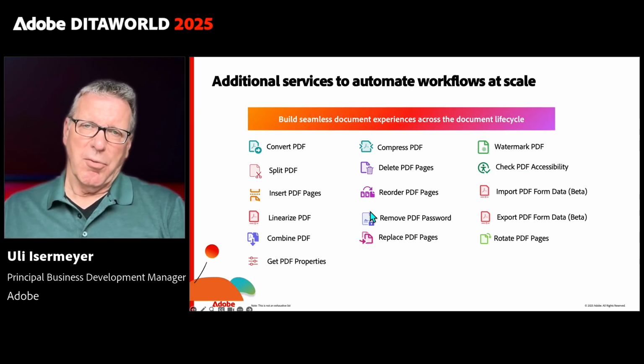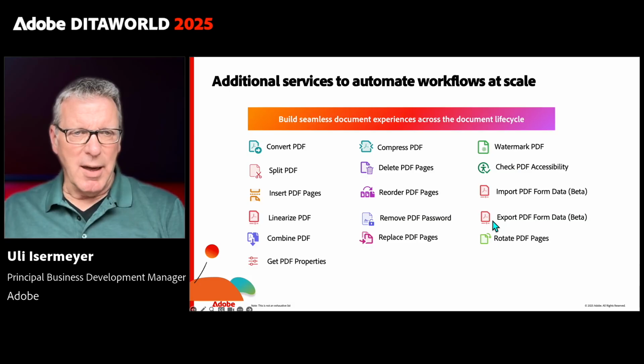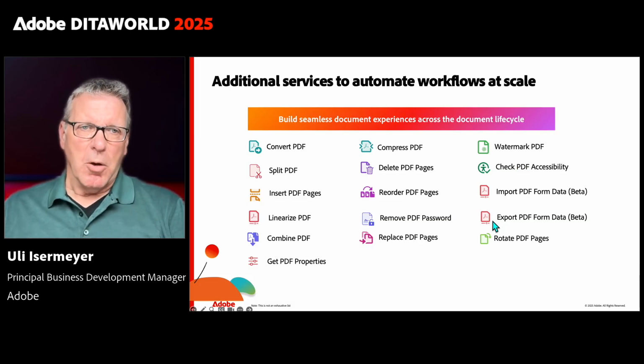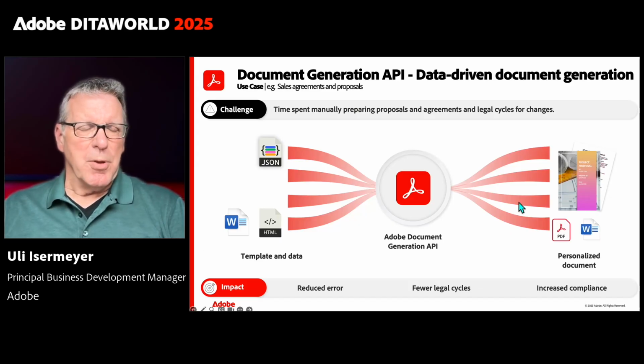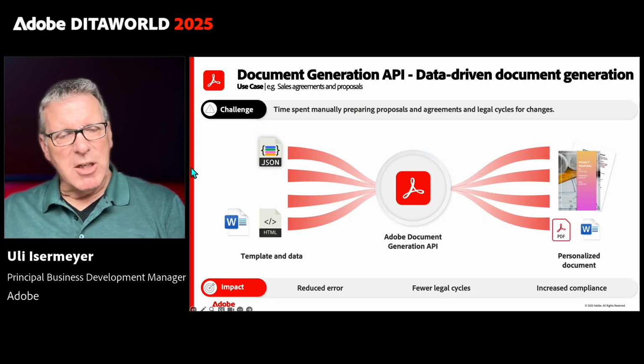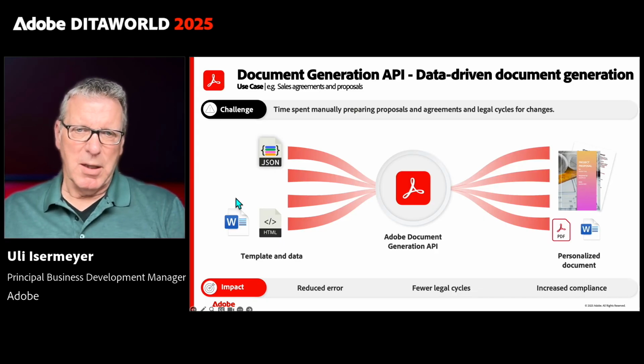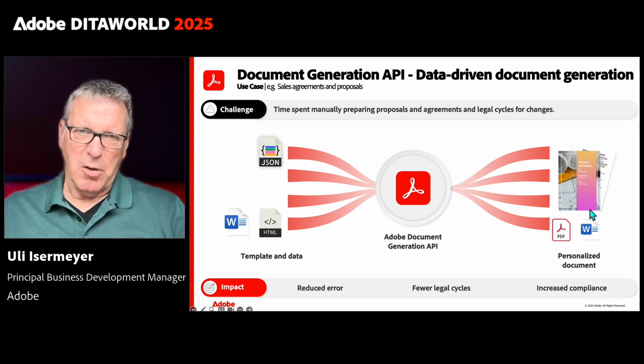First of all, you have all the Acrobat commands, which you can use as a REST API in your environment. But also you can, for example, generate a new document if you place a JSON file inside a Word template, and then you can create a PDF or a Word out of that.